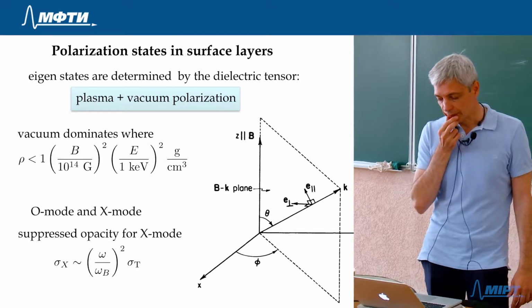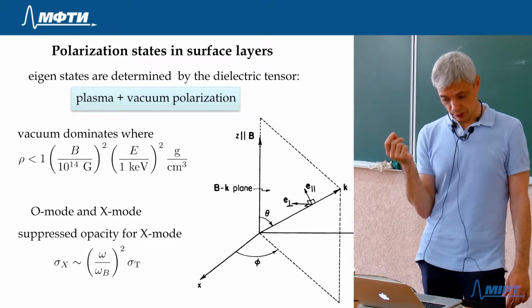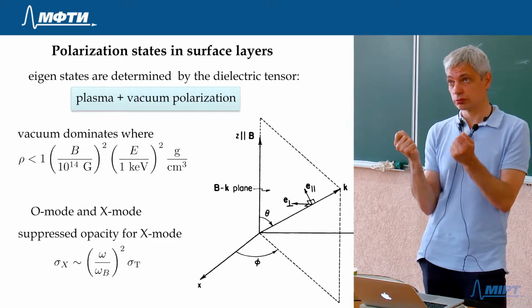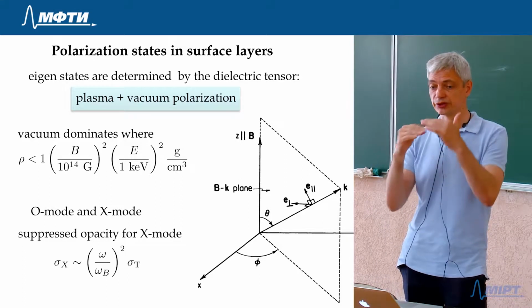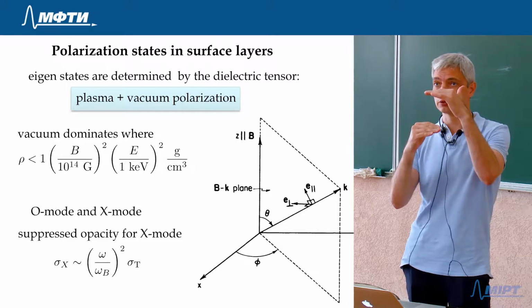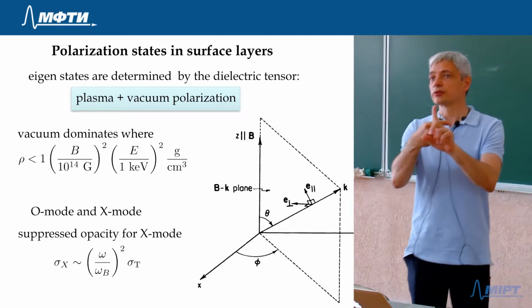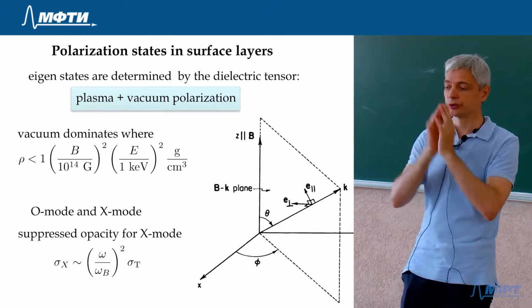And so when you begin to think about this problem, the first question you might want to ask is, what are the eigenmodes of photons? What are the modes that are propagating in this, let's say, atmospheric layer of the star? And as you know, in vacuum, you have linearly polarized electromagnetic waves, or circularly polarized. You have two modes, right? Two states.